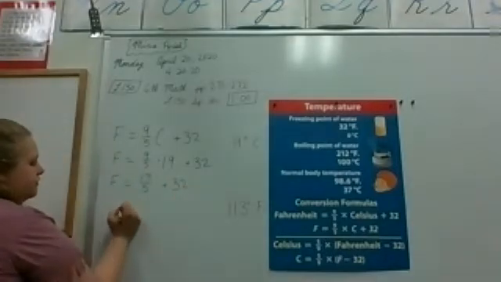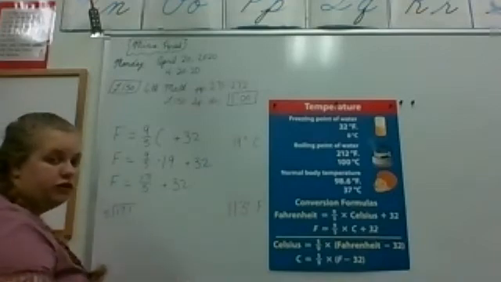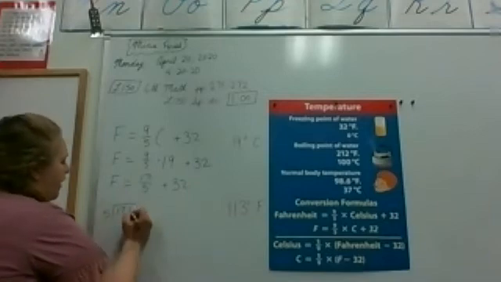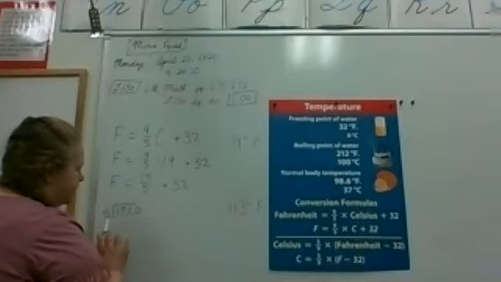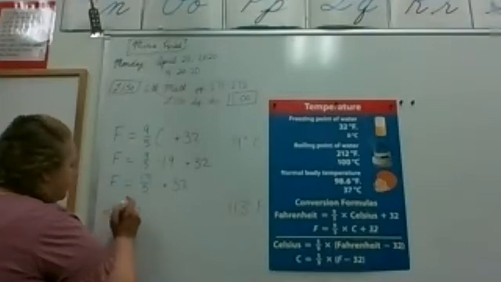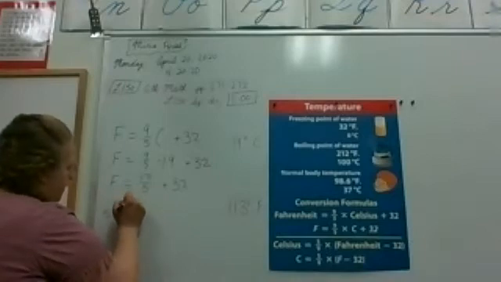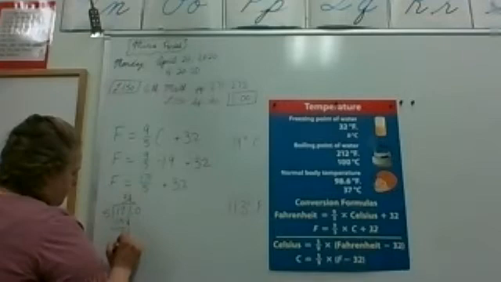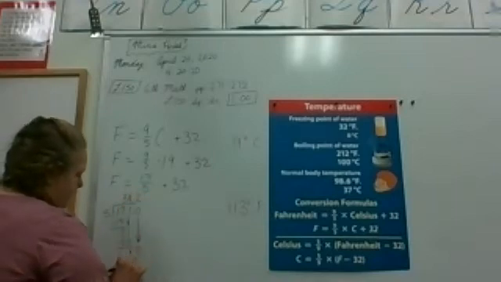And we're going to have to divide that, and we're going to get our closest degree, right? So I'm going to show you how to do it with a decimal. The last time I showed you how to do it with a fraction. So 5 into 17 goes 3 times, 15, 4, okay, 10.